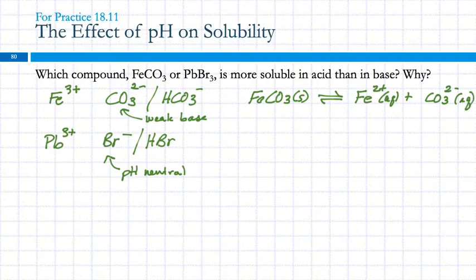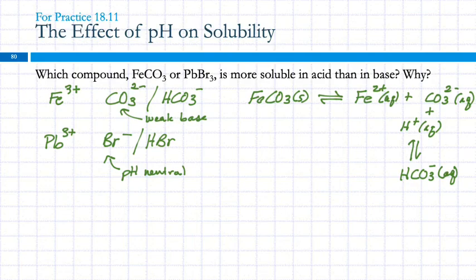If we have an acidic solution, with a bunch of hydrogen ions present, can the hydrogen ions react with the carbonate ions? Yeah. There's an equilibrium for those with the hydrogen carbonate ion. So the presence of acid reduces the concentration of carbonate ion in the solution, and that will cause this equilibrium to shift to the right.